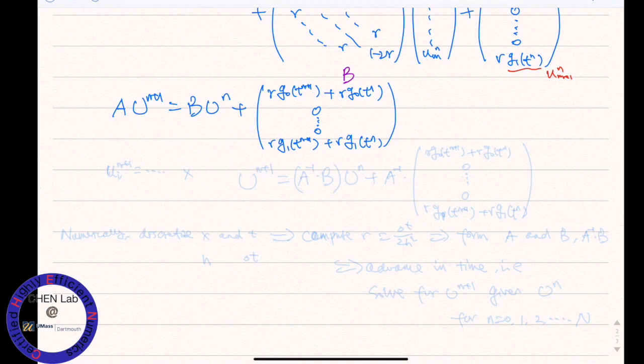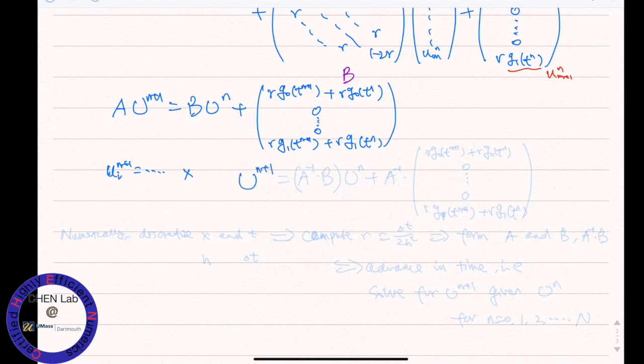This means we cannot write u^{n+1} in terms of something componentwise now, but we can write this whole vector.